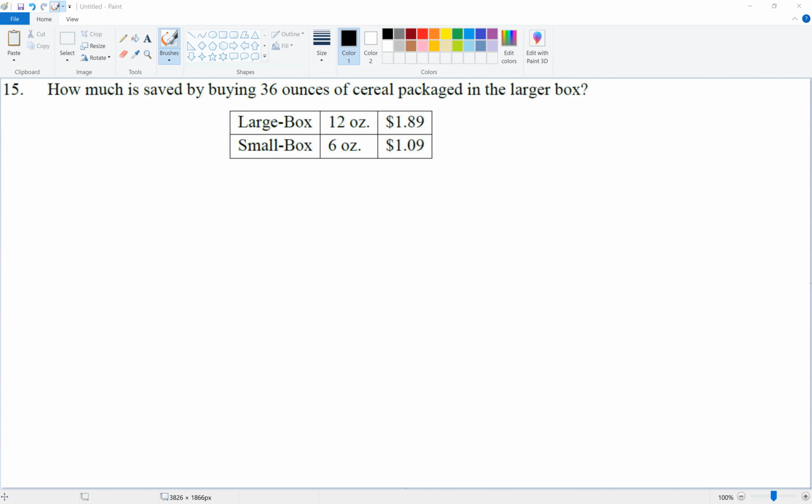So I did like $1.09 times 6, which is to get to 36 ounces, and then I did $1.89 times 3.